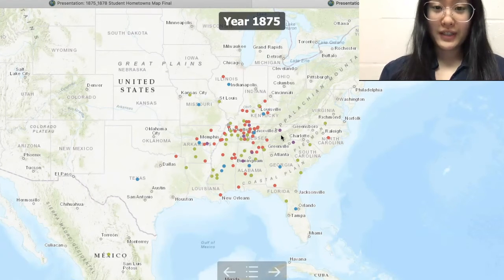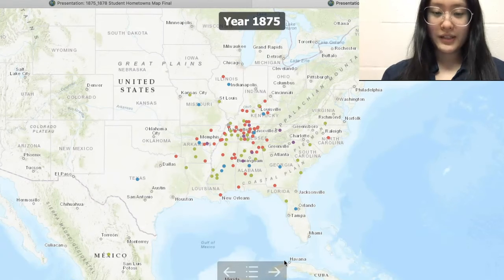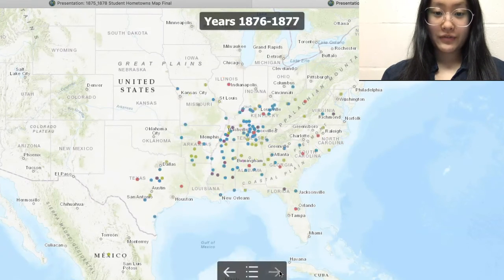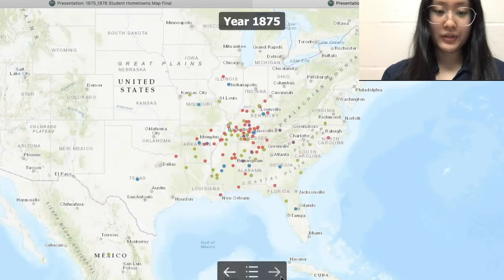But if you look at two years from then, 1877, you can see a very big difference. I think there's a very obvious difference in how spread out the student hometowns were in '77 compared to '75. You can see there were almost no people from Texas, maybe one or two.